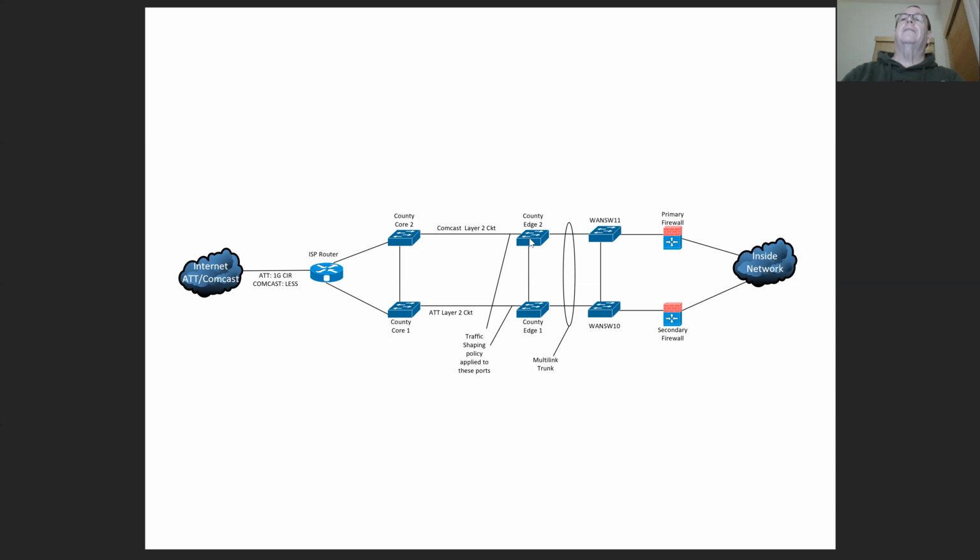These are 10 gig links, but they limited it down to 1 gig for right now. And I believe it's just on these two ports. And when they did that, our internet connectivity stabilized.